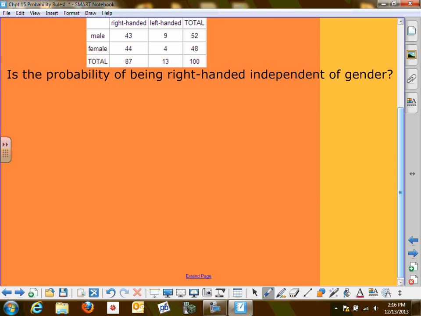What we want to do is test whether the probability of being right-handed is independent of gender. So, is the probability of being right-handed, given that you are a gender, I don't care which one you pick, equal to the probability of what would go right here?